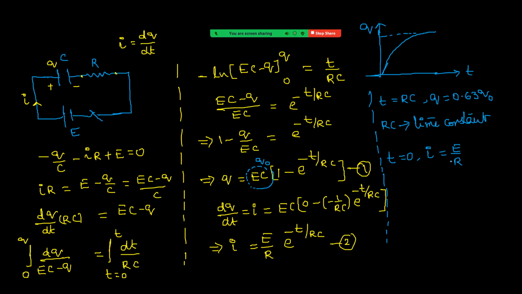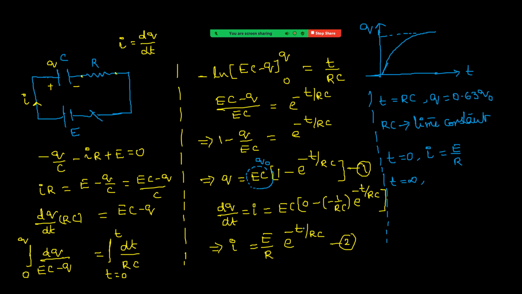So here we conclude that when the capacitor is uncharged, initially it is just like a conductor. That means no need to consider the capacitor. So current equal to E by R. Now see carefully, when t is infinity, after a long time this becomes 1 by e power infinity, right?